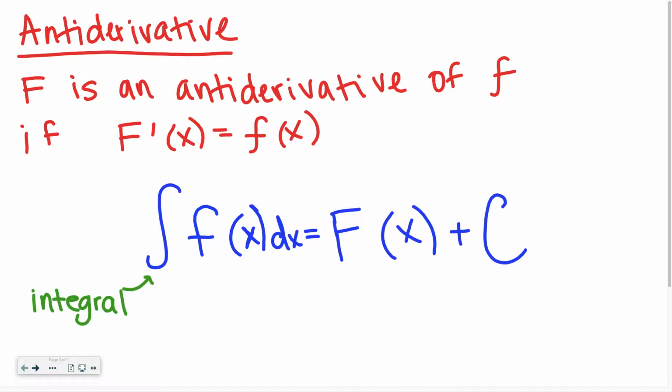So what this is saying is the integral of f of x dx, which means the antiderivative. So the antiderivative of little f is this big F plus c. And that is the case as long as if you take the derivative of your answer, just like you were doing in your activity, you get back to what was inside that integral symbol.